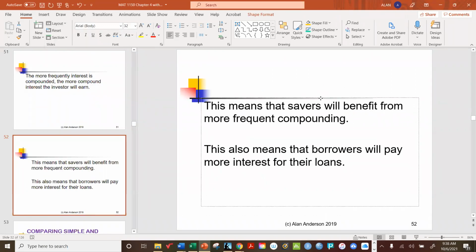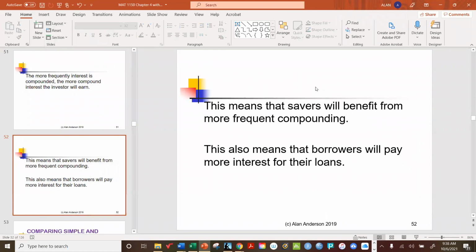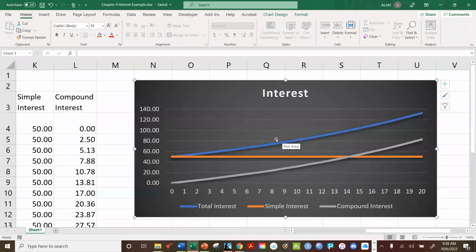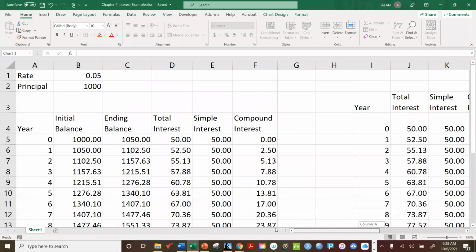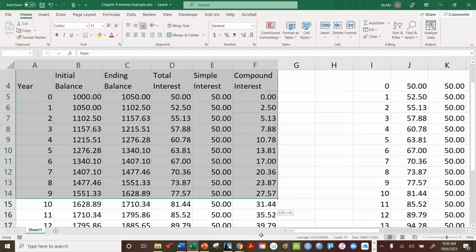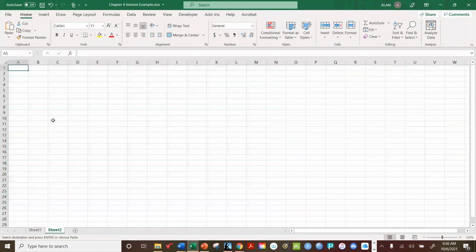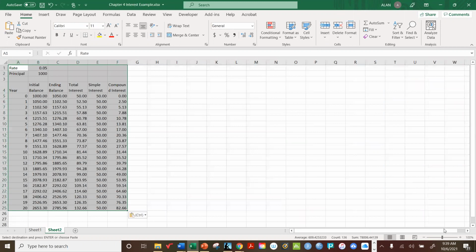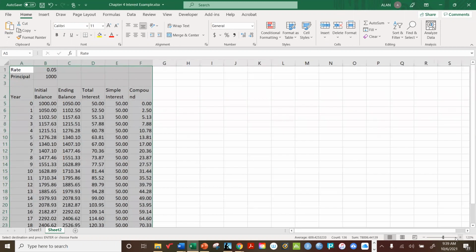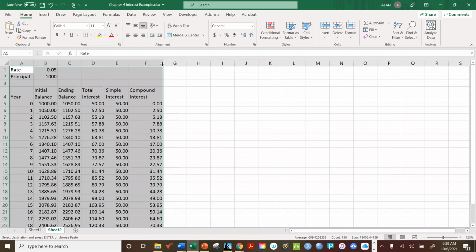So how do we determine what kind of interest you'll earn when compounding frequencies are changed? So in a case like this, why don't I copy this chart onto the next sheet just to see how much this will change with, let's say, something simple like semi-annual.